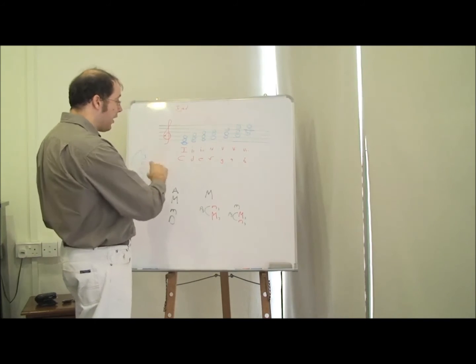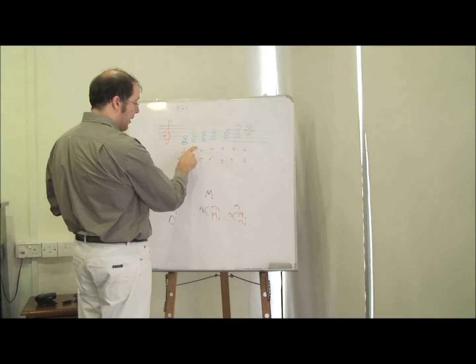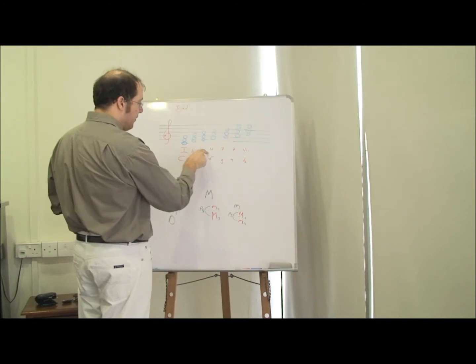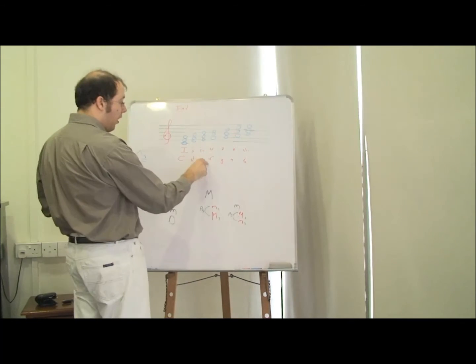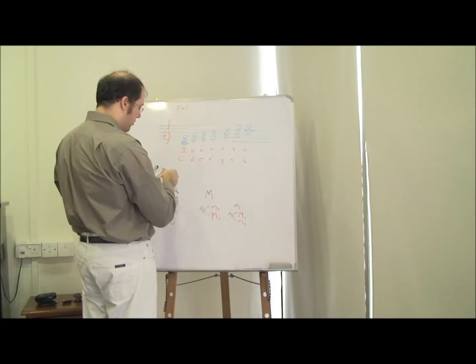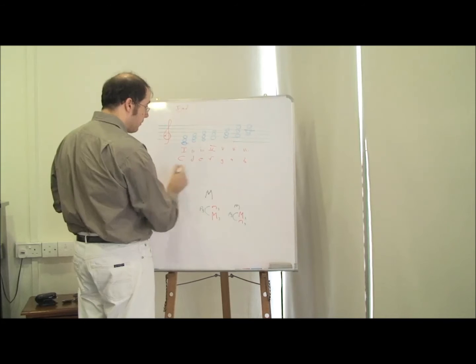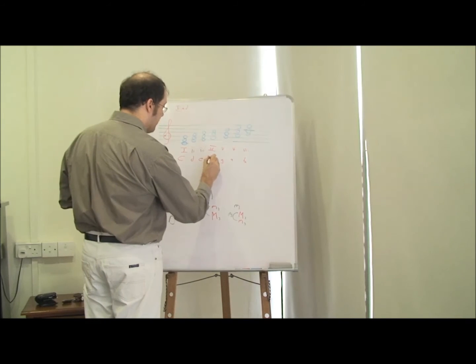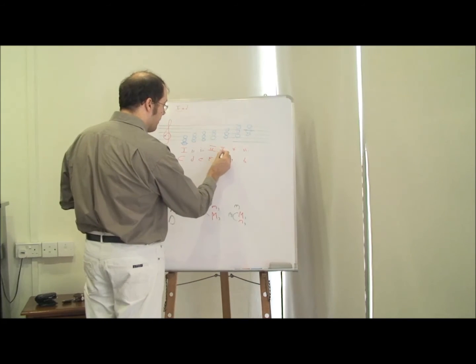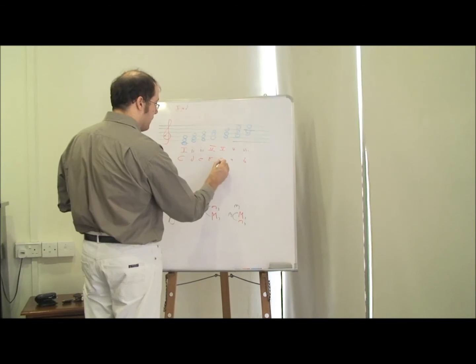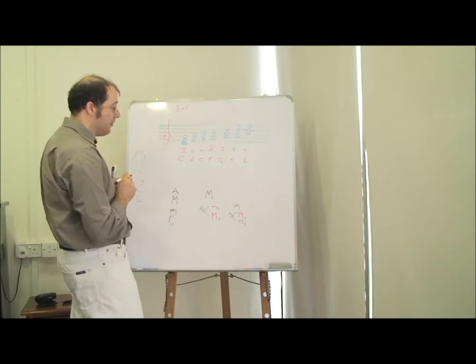Okay, if we carry on, E will be minor. On F, the fourth note in a major scale, will be major. The fifth will also be major, and the sixth will be minor.